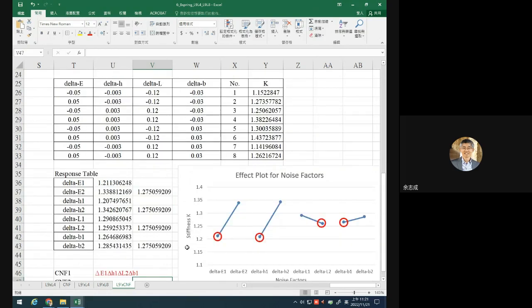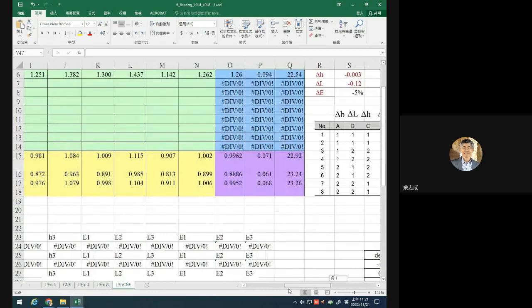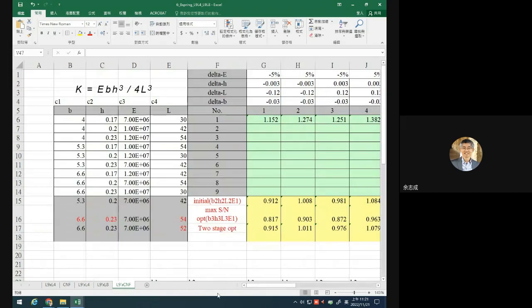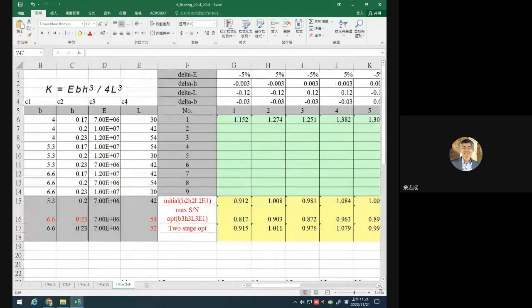Then, after that, let's come back to the experiment over here. This is the experimental design, it was for L9 and L8. Now, we don't want to do the 8 outer array. We will only want to use 2 compound noise.